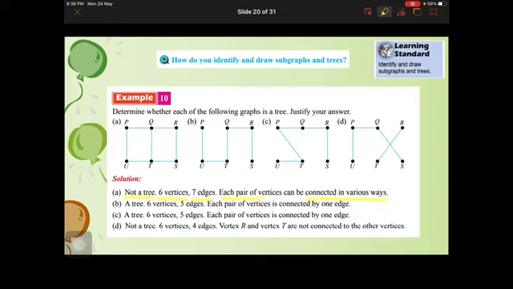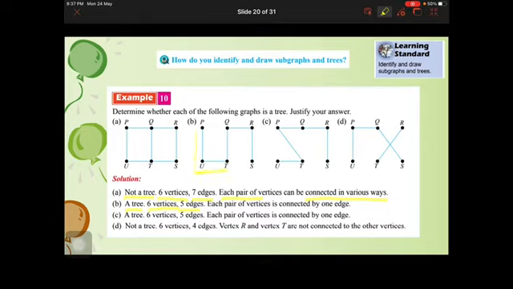Okay, for B, it's a tree because we have 6 vertices and 5 edges. Okay, 1 less than the number of vertices. Then each pair of vertices is connected by 1 edge. If you can see, let's say from P to T, there is only one way from P to T.